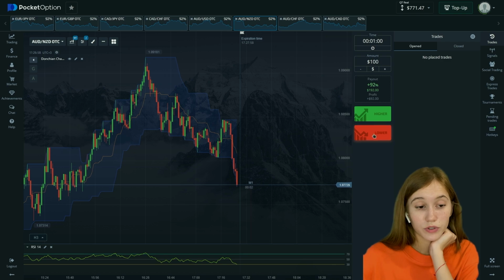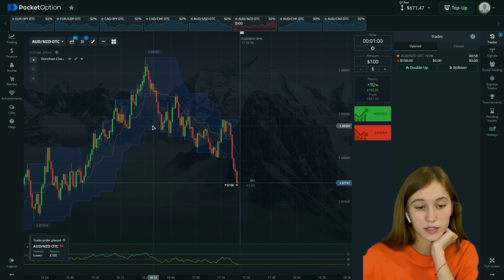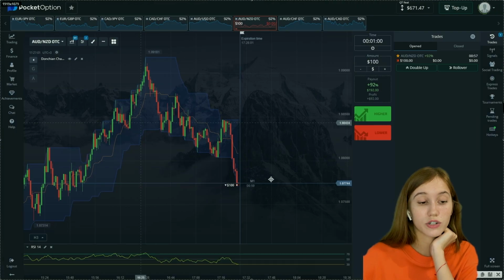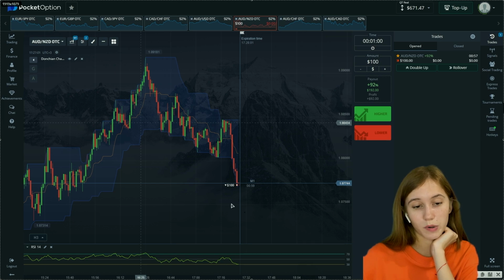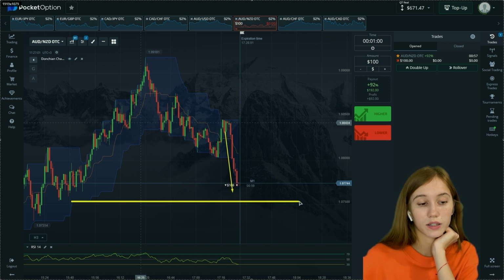Quickly open the down trade. Let's start our technical analysis. We're fast because there's a sharp drawdown and we need to catch the moment to go down as quickly as possible. We're moving towards this area of support. Here it's strong and it's more likely that there will be movement towards it, and that's why we open a position here. There's nothing more to say. The RSI has reached the oversold area.